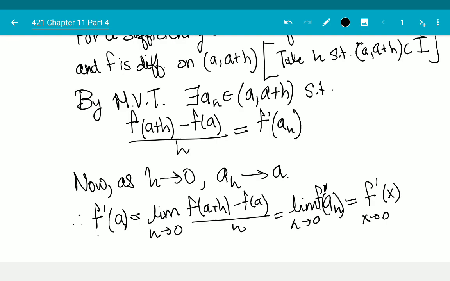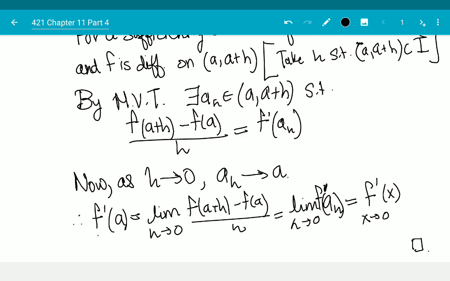And so you get this result. You might want to write it down slightly more rigorously or to have faith in it yourself, but it works out.